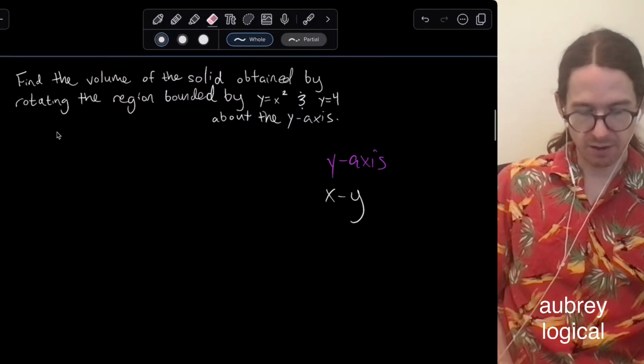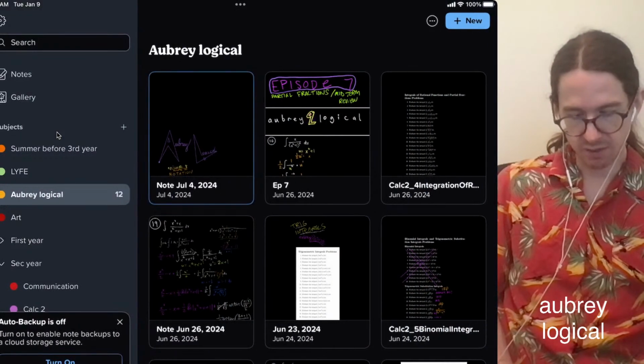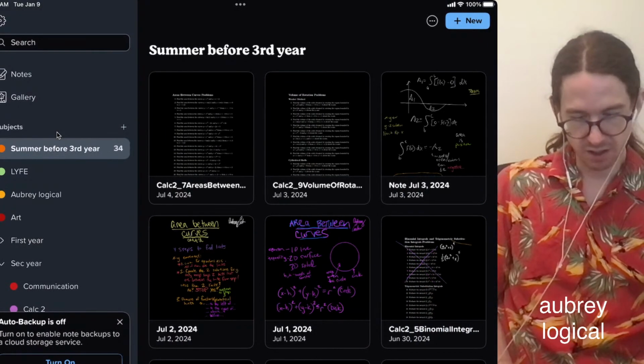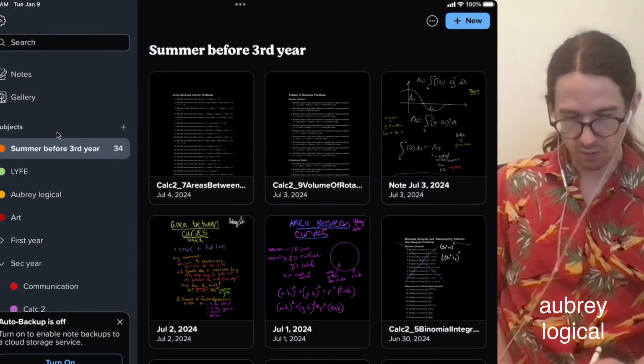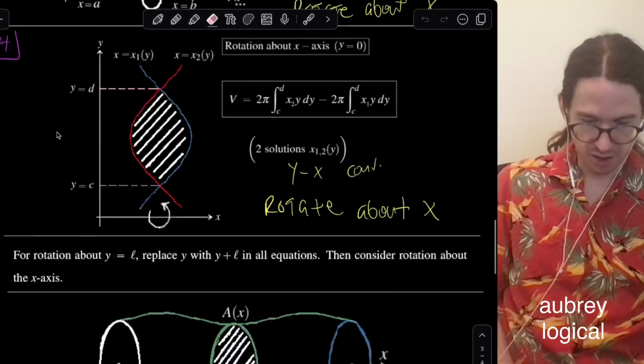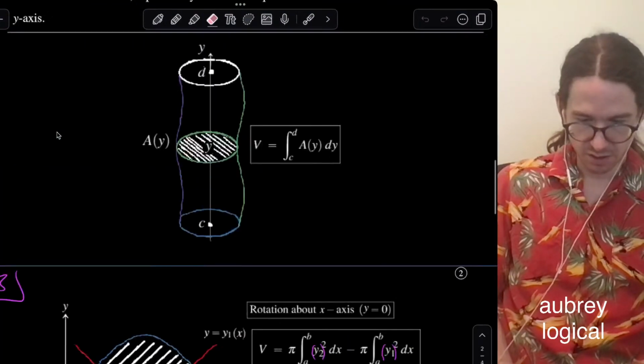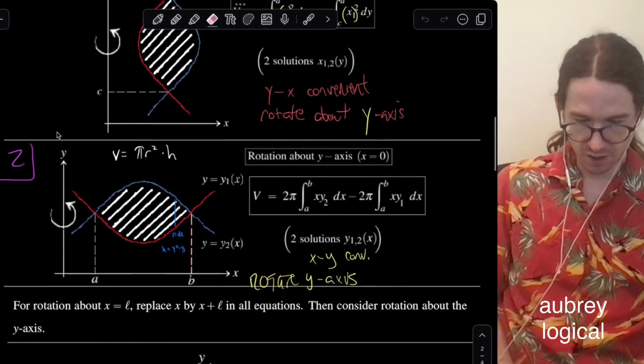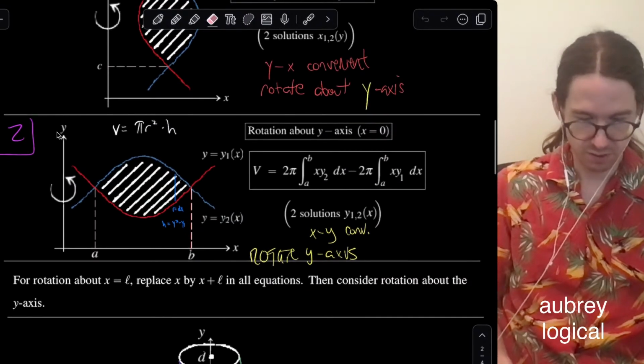So we've got about the y-axis, x convenient.